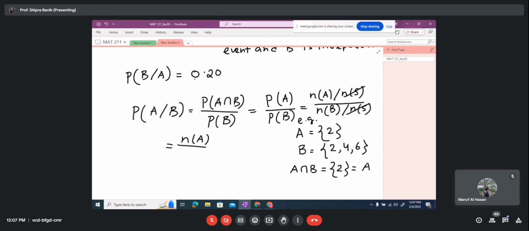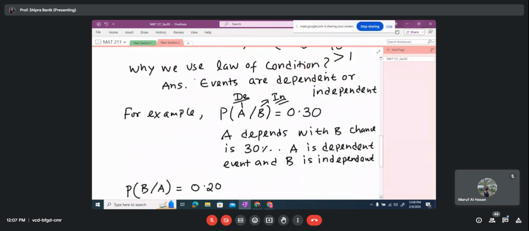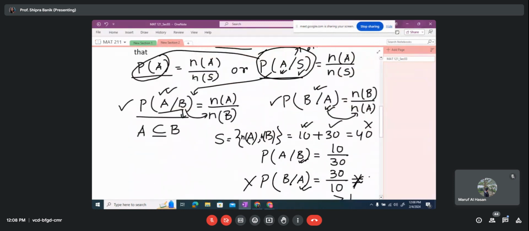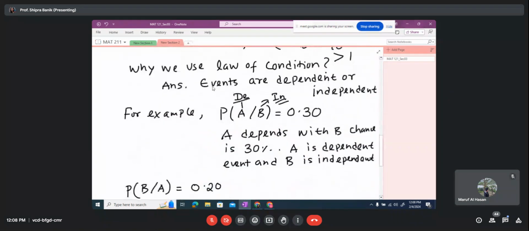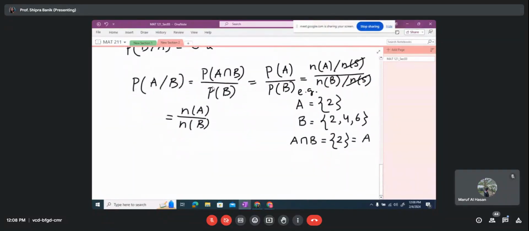That is what I wrote for you from the beginning. This is the way it comes. So the conditional law always uses this way. You'll see different formulations in your book or other places, no need, because they are the same. Number of A divided by number of B. I have shown you very clearly. This is the meaning of the law of conditional probability.